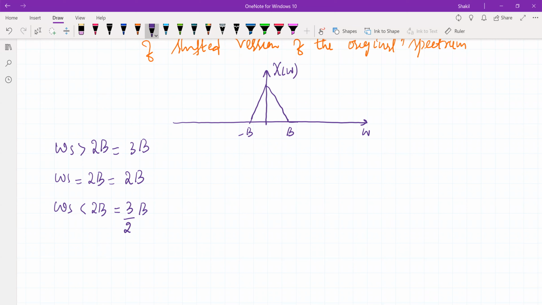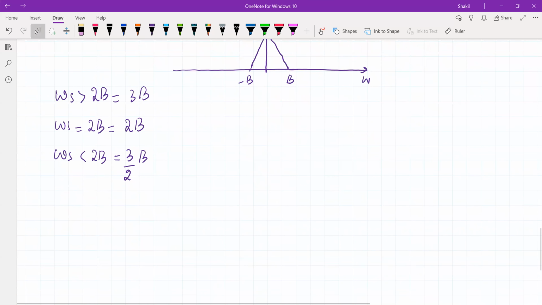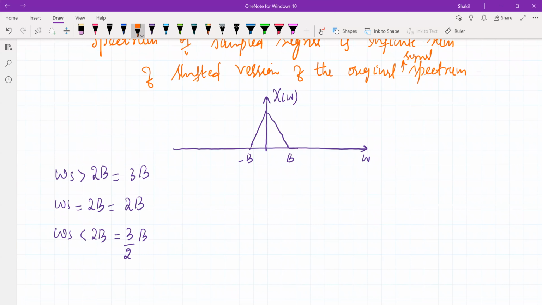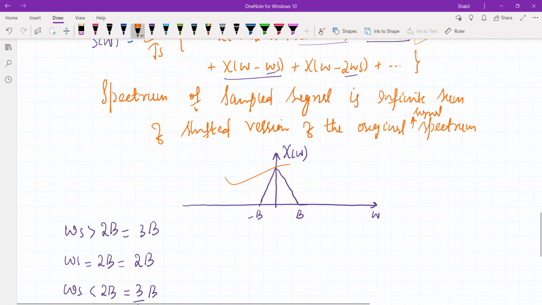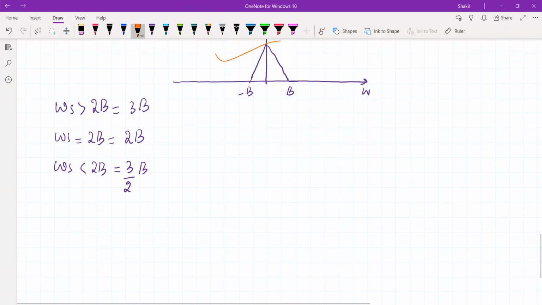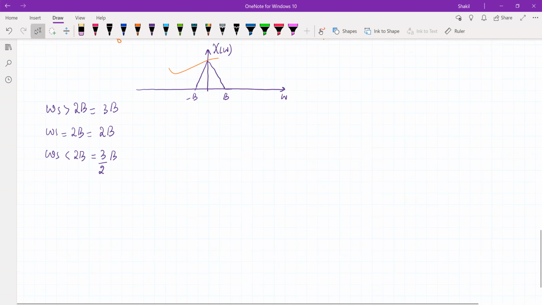Let's see how the spectrum of the sampled signal looks. This is the spectrum of the original signal. The spectrum of the sampled signal is the infinite sum of the shifted versions of the original signal spectrum. So let's plot it for these three cases.